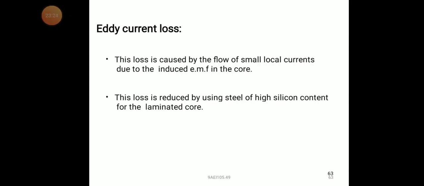This eddy current loss is caused by the flow of small local currents due to the induced EMF in the core. This loss is reduced by using steel of high silicon content for the laminated core.